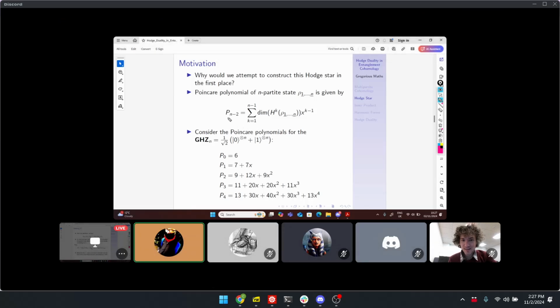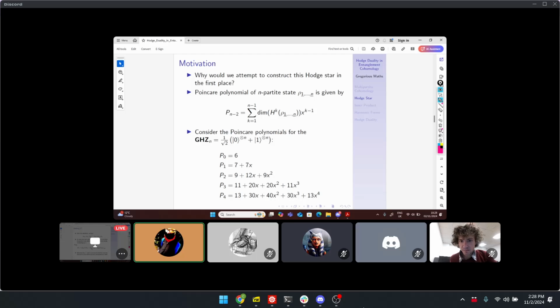Basically, if you package all of the dimensions of the cohomologies together into a Poincare polynomial, which is just a polynomial where the coefficients are all the dimensions of the cohomologies, basically.